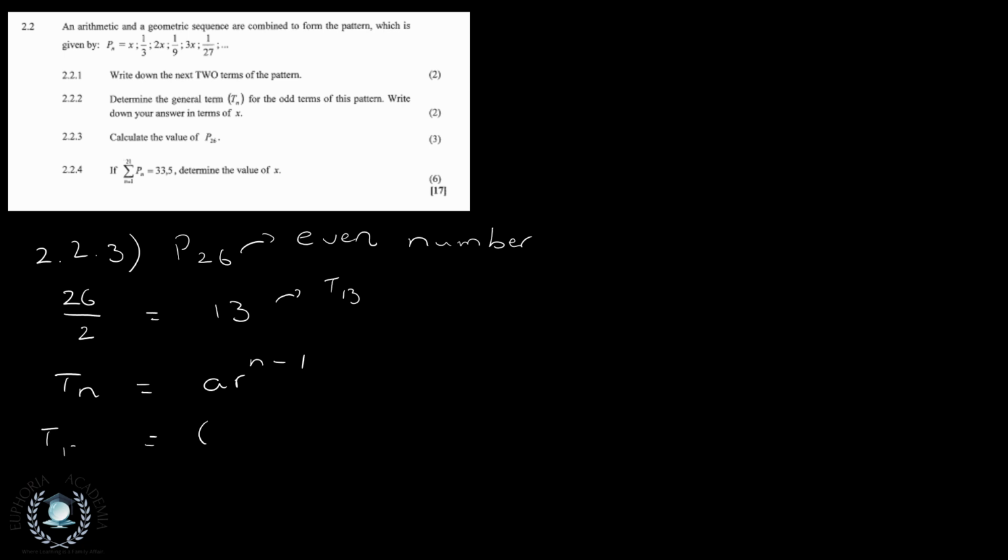Our 13th term is going to equal 1 over 3 multiplied by 1 over 3 to the power of 13 minus 1. And when we put that into our calculator, we get an answer of 6.27 times 10 to the power of negative 7. So a very small number.